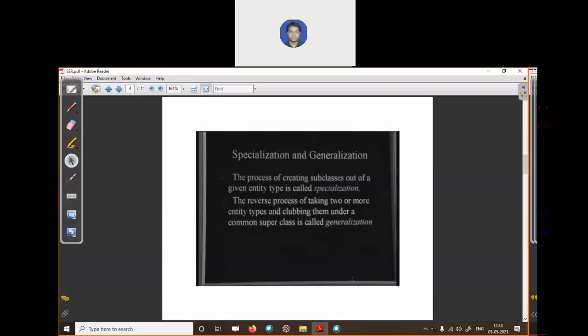Like we have one entity type vehicle, and out of this entity type vehicle we are creating its subclasses like car, bus, truck, motorcycle, motorbike. All these are the subclasses of vehicle. So when we create subclasses out of one superclass, it is called specialization. Understood?